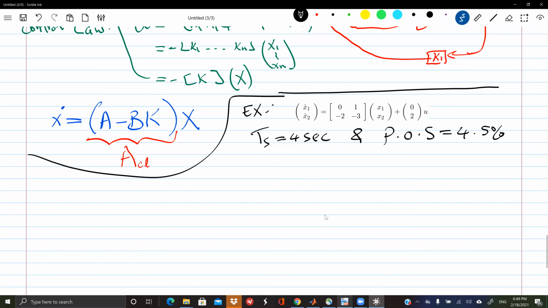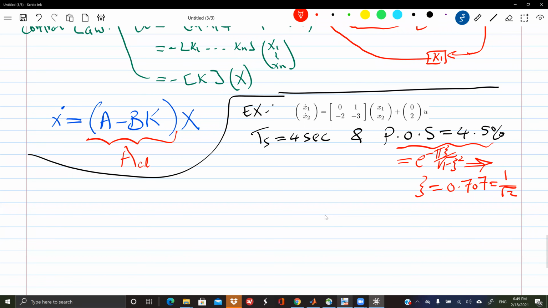All right. So from these two, I equate this thing with e to the negative pi zeta over square root of 1 minus zeta squared. I solve it for zeta and I get zeta. This will be 0.707, or 1 over square root 2.